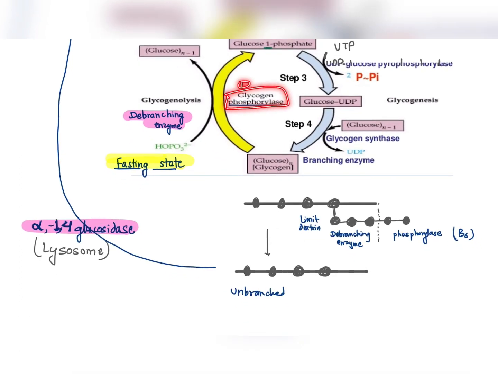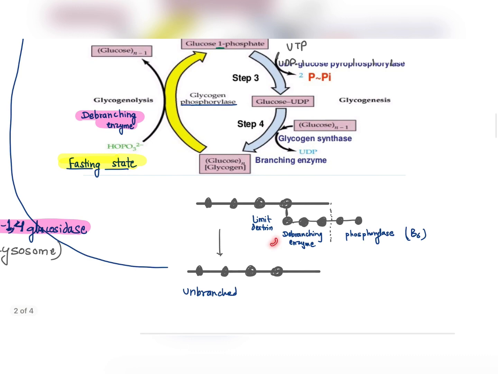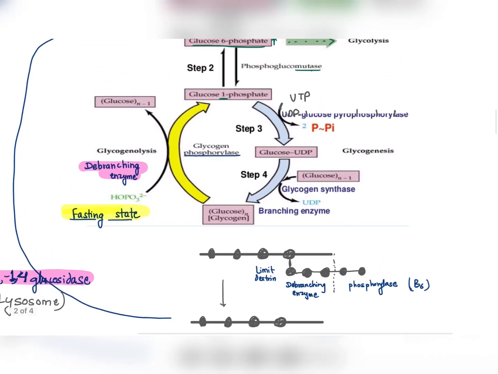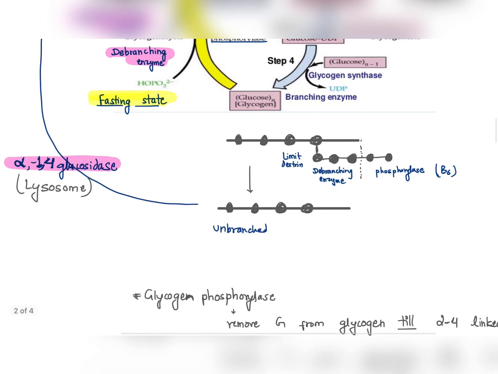Next is the debranching enzyme. Third is glucose 6 phosphatase. Fourth is alpha 1,4 glucosidase. All these enzymes are important.